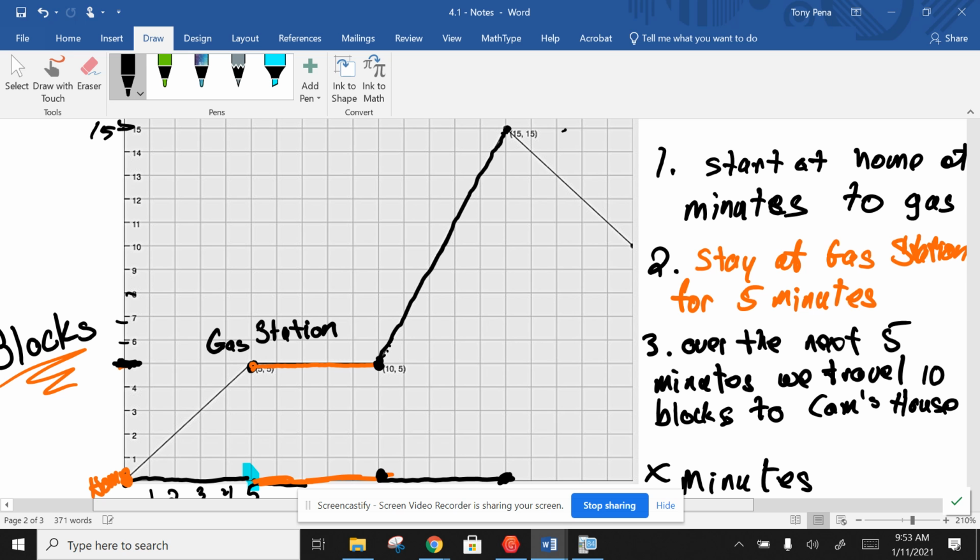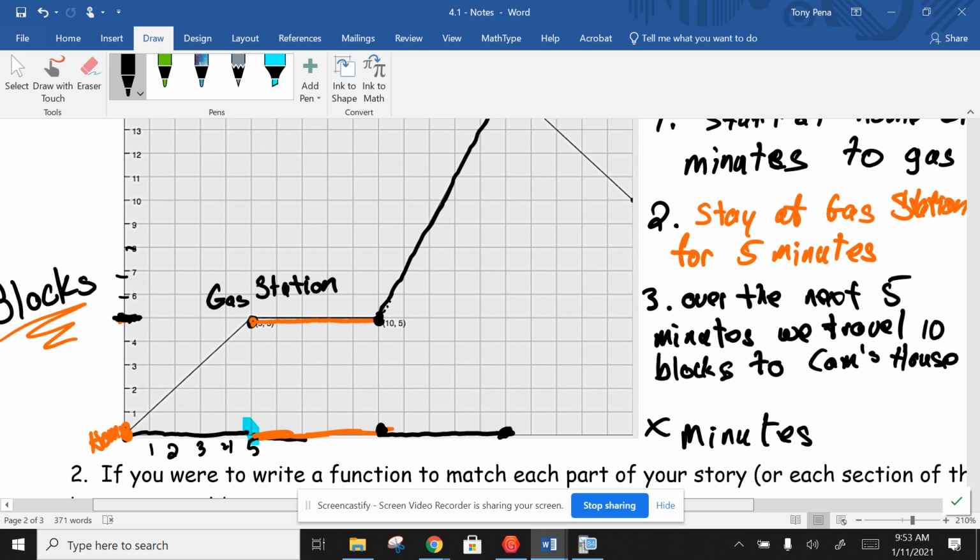All right, so this up here, this is Cam's house. All right, because you're meeting up with Cam. Do we spend any time at Cam's house really? Like, is there any time elapsed where we're there? No. So we're really just meeting Cam so that then the last thing we do is we travel.